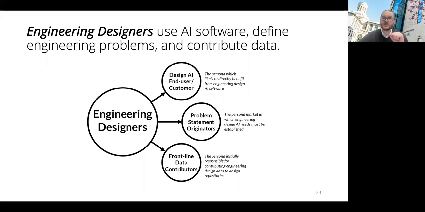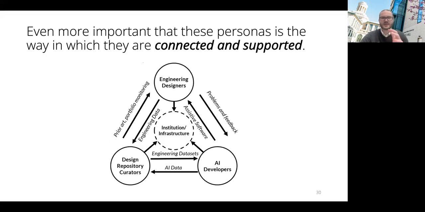So they need to be able to define and share engineering problems with the other personas. They also need to be able and ready to contribute data. And this is an important linkage because engineering designers need to be prepared and given tools and capabilities to contribute clean and meaningful data.